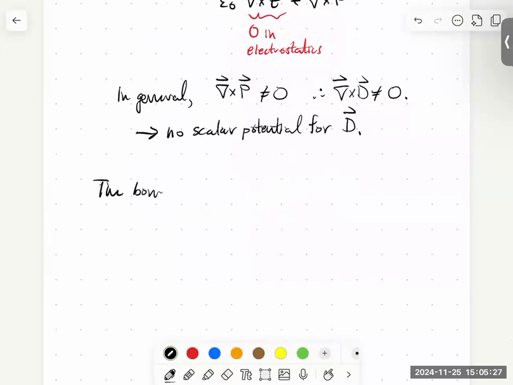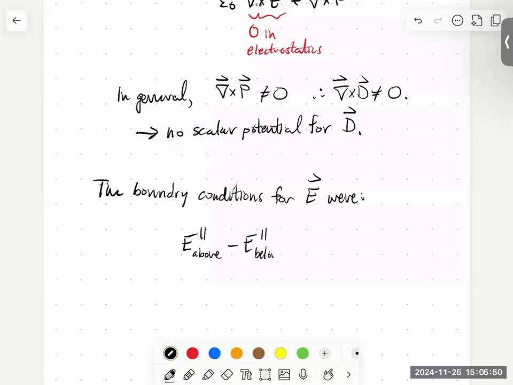So the boundary conditions for the electric field were E parallel above minus E parallel below was equal to 0, or E parallel above was equal to E parallel below.